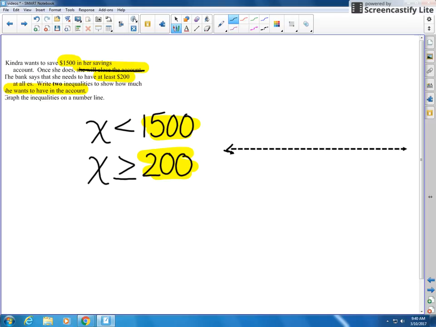I can start wherever I want because the arrows tell me it's continuing in both directions. I need the boundary numbers of 200 and 1,500 on it. So I'm going to put 200 here. I'm going to count up by hundreds. I don't need to label them all, but this would be 300, 400, 500, 600, 700. I'm just going to pick 800 here, 900.